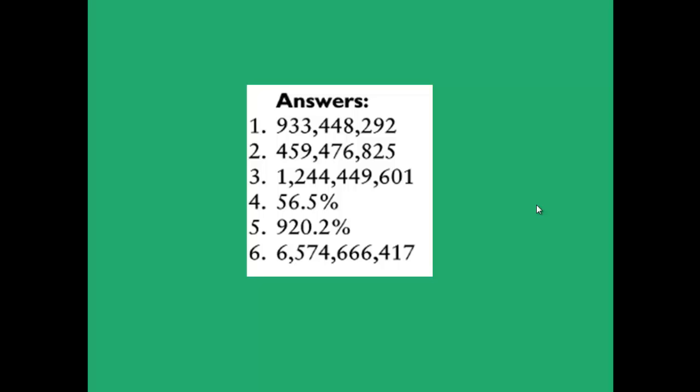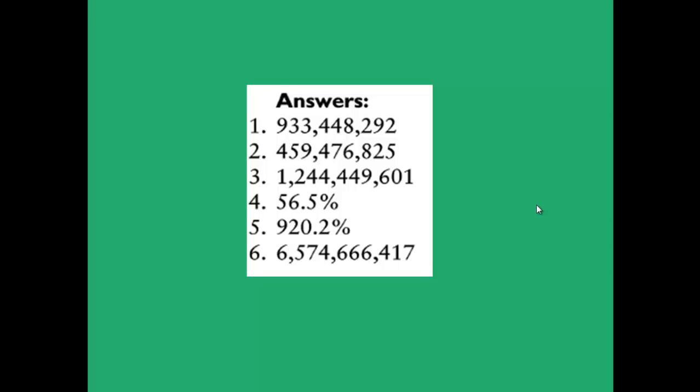Number 3, how many people in the world had access to the internet in 2007? We have 1 billion 244 million 449,601. Number 4. What percentage of the world's population live in Asia?